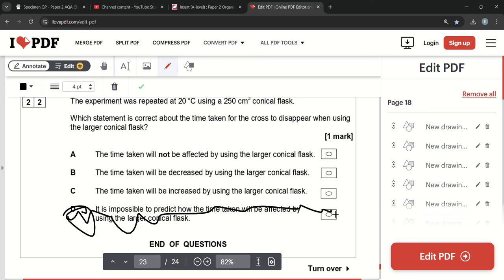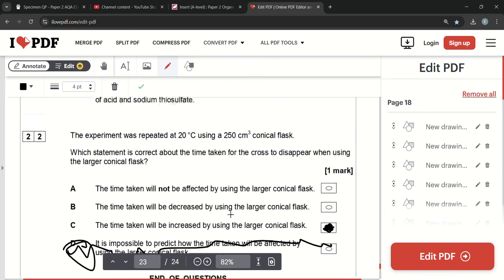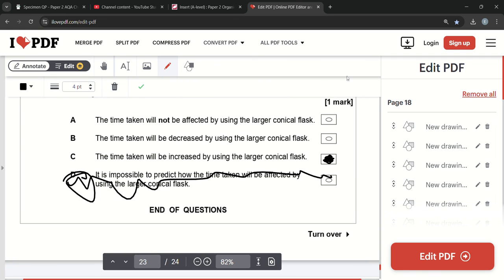But it's actually not A. The answer is C. The time taken will be increased by using a larger conical flask. Yeah, we have a larger conical flask, so the reaction is spread through a bigger volume and the time taken for the cross to disappear is going to be longer. Therefore, it's going to be increased by using the larger conical flask. And that is the end of the multiple choice questions.